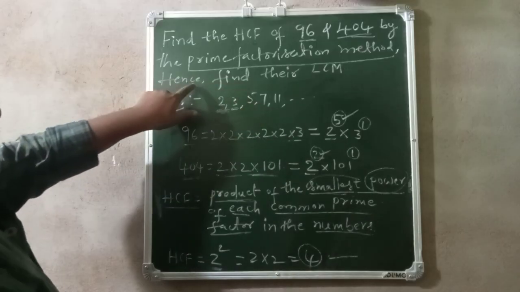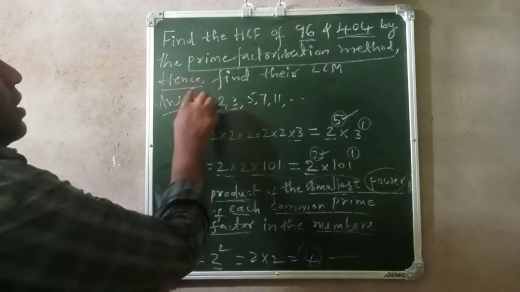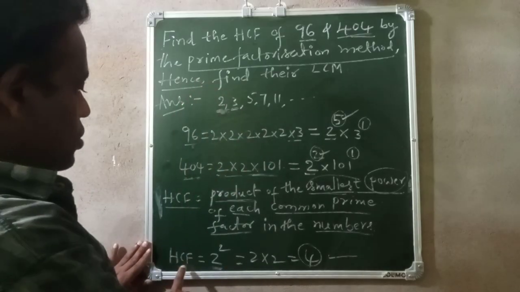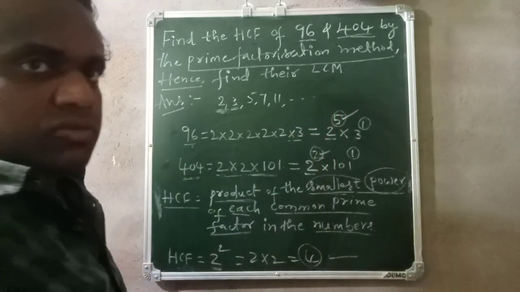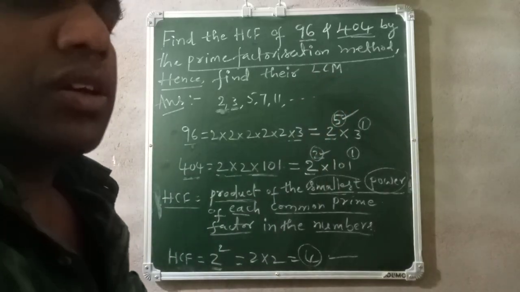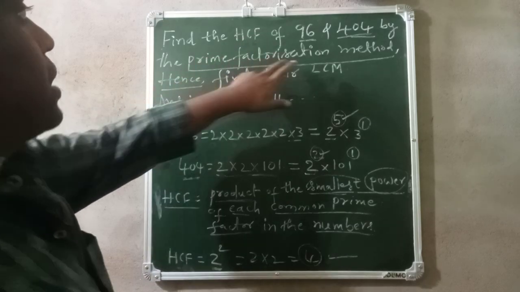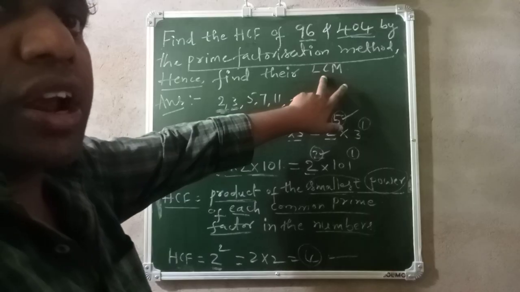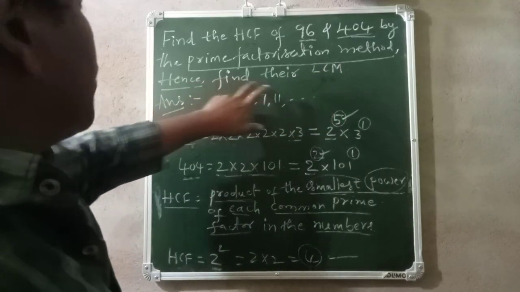See, next: hence find their LCM. Hence means using this HCF, find LCM. For HCF they told the prime factorization method, but for LCM they are not telling a prime factorization method. They are telling hence find their LCM.